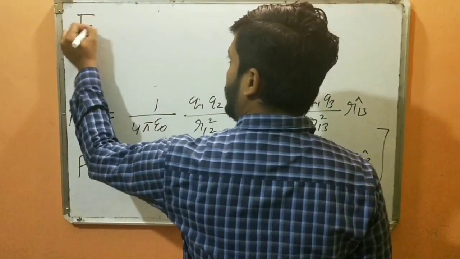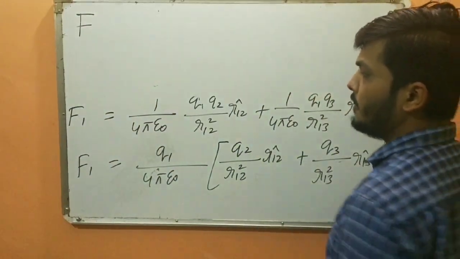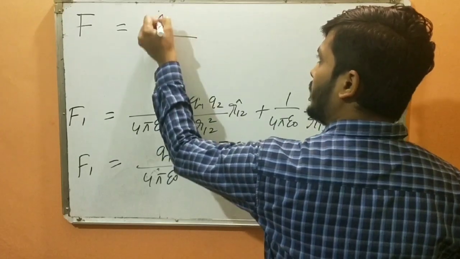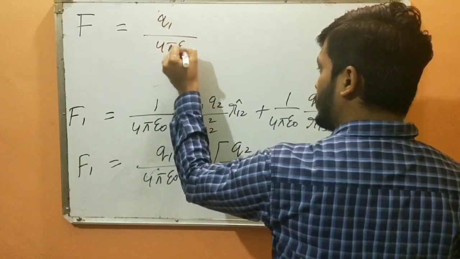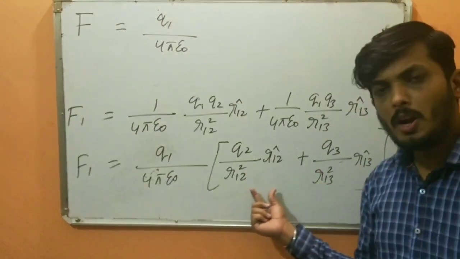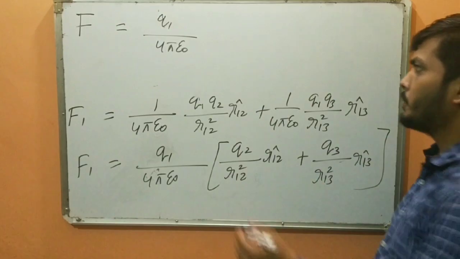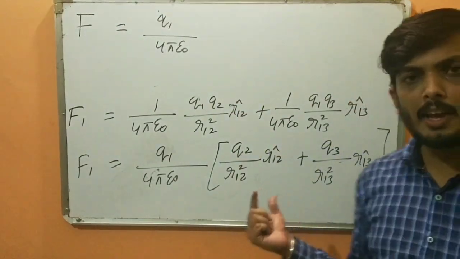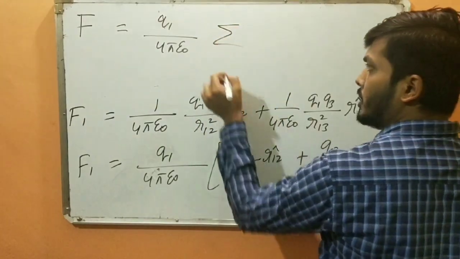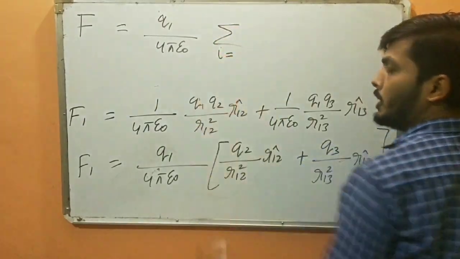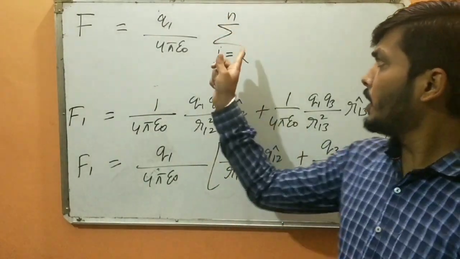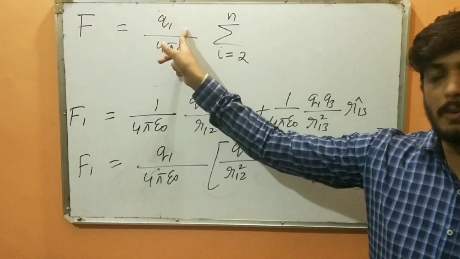So the total force on this charged particle F will be Q1 upon 4 pi epsilon naught, and it is a vector addition. Go on adding the terms. For n number of terms, how will this equation be valid? Either I can integrate it or use summation. I'll better use summation. Summation with i equal to 2 up to n. Why 2? Because here I already have one particle Q1.